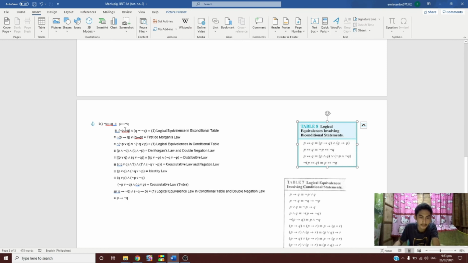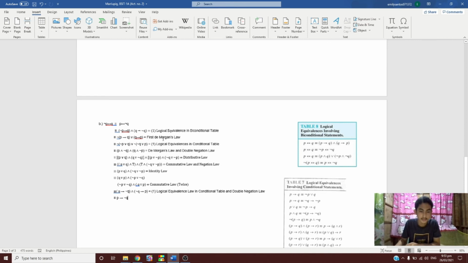First, I'm following the logical equivalences in the biconditional table. This is the biconditional table, and this is the first part in dealing with biconditional statements. Since it has a negation part, I put the negation here as well, since it helps in understanding and following the steps of calculating this part.